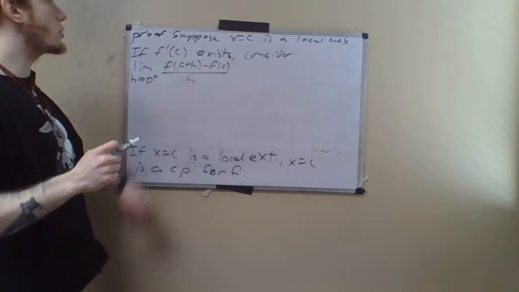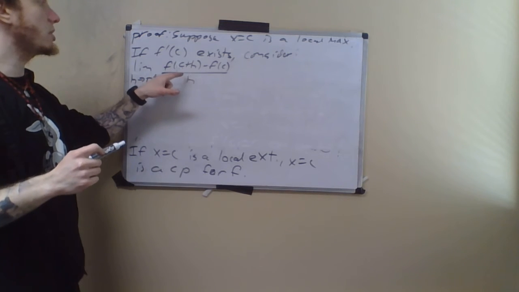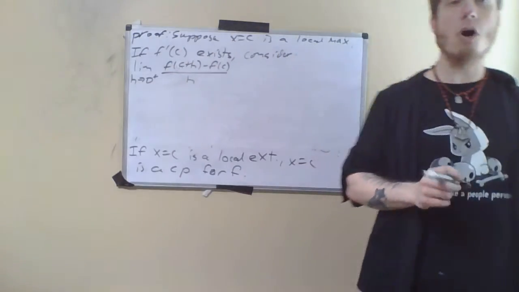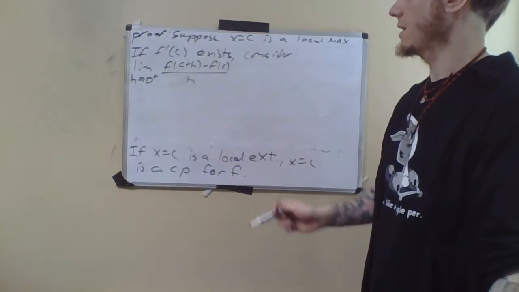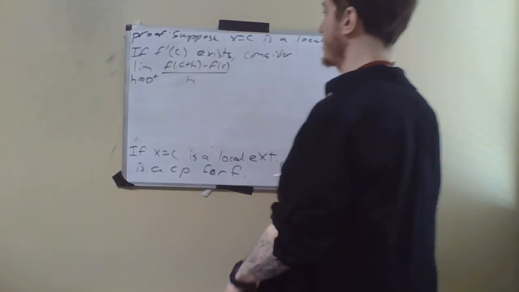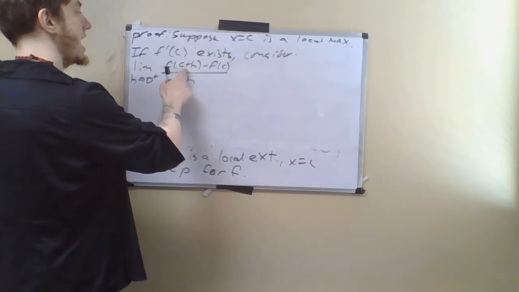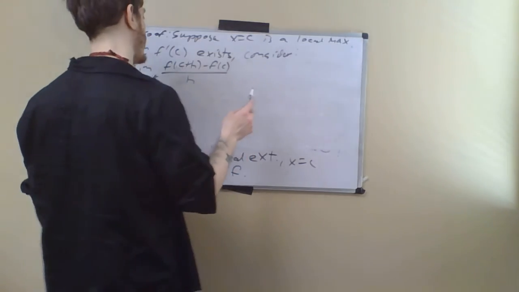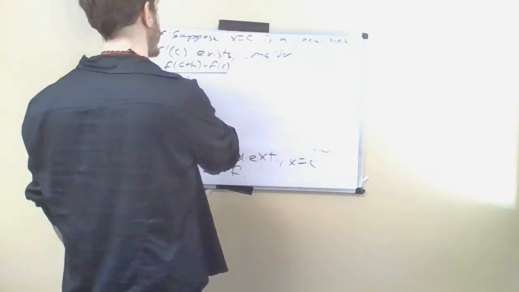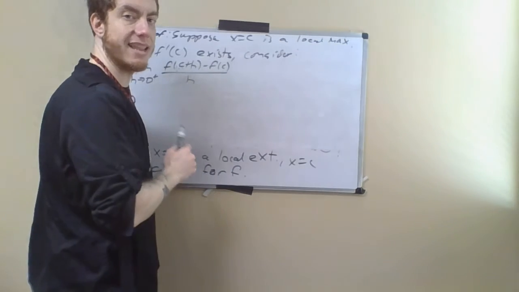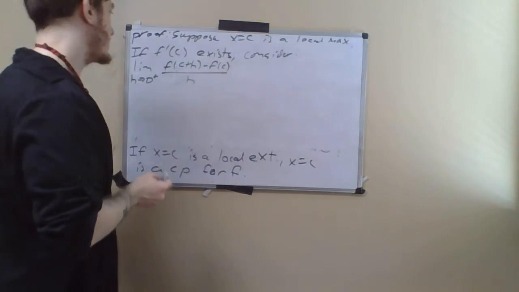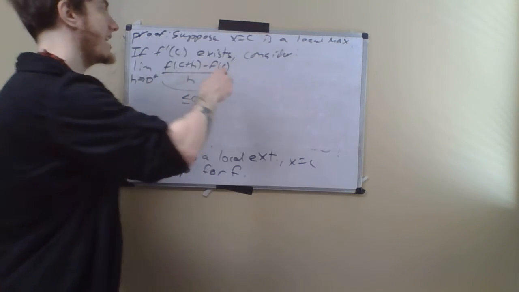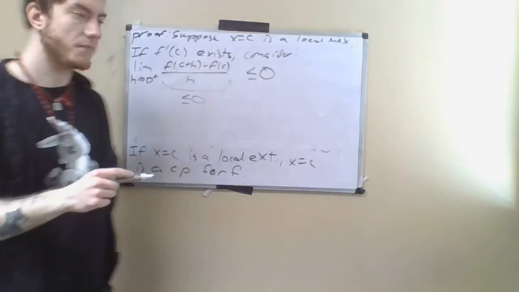Now, because this is a local maximum, f of c plus h for small values of h is going to have to be smaller than or equal to f of c. Therefore, this is going to be a less than or equal to 0 number divided by a positive number. And so this is going to be the limit of a bunch of numbers that are either negative or 0. Well, if this thing here is less than or equal to 0, then its limit has to be less than or equal to 0 as well.